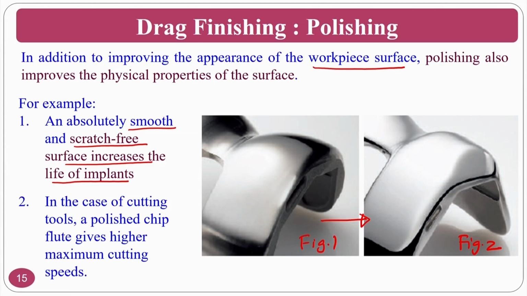Suppose if at all somebody wants to purchase, then what will happen? As soon as they see both figure 1 and figure 2, obviously the person likes to go to figure 2 because aesthetic appeal is very good, at the same time the life is also very good and many more advantages will be there. The frictional losses, assume that a knee implant is there, okay, there will always be relative motion whenever you walk and so on.